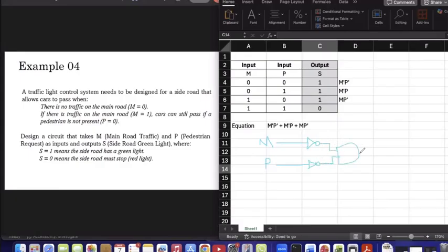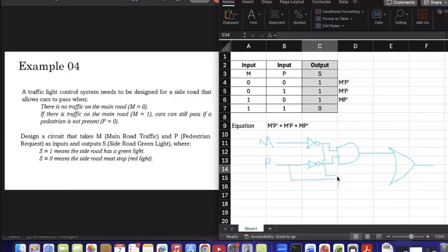Now you have one term. For my main OR gate, it can have 3 inputs. One I received. What is my next one? M bar into P. So this is my P, and M bar I take after passing through the NOT gate.